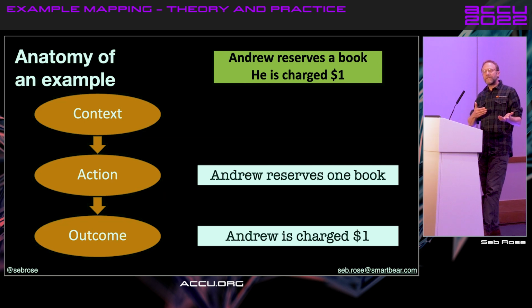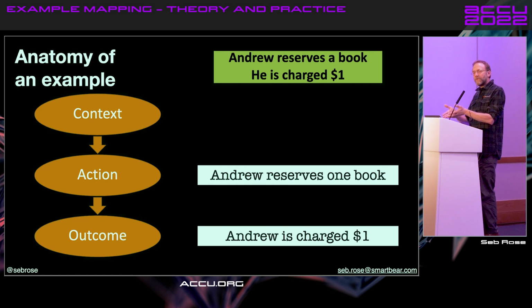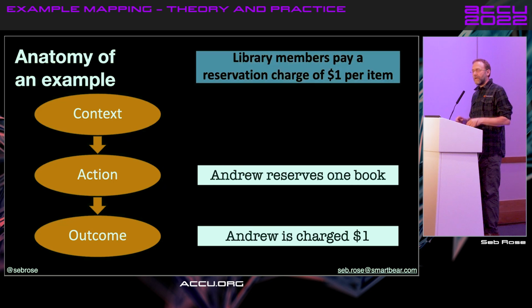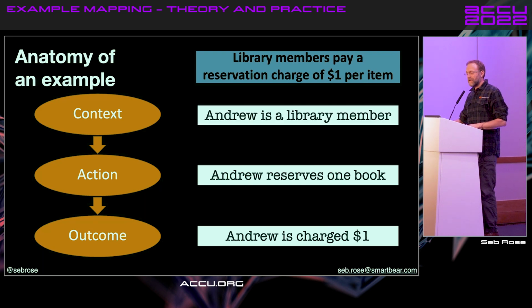Now, there's no context here, at least there's nothing written on the green card at the moment that indicates a context. However, if you look up at the rule that this example was illustrating, you can see that it's library members that are charged $1 for reserving a book. So the context actually here is that Andrew is a library member.